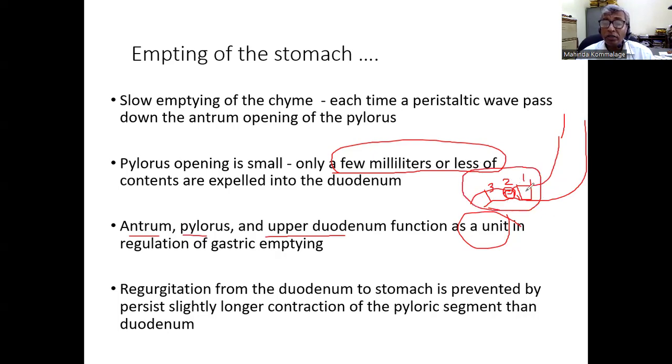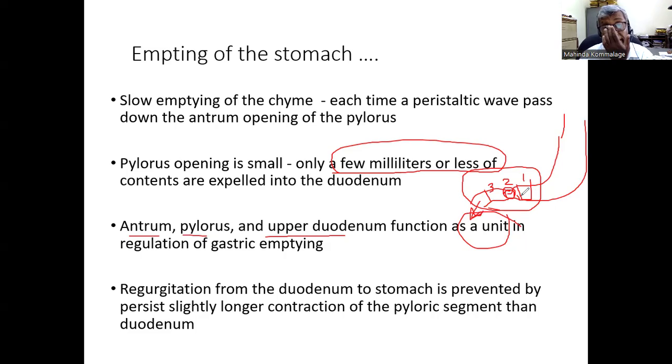So contraction in this place and this place will push the food down. It's very interesting that sometimes things can regurgitate and go up. To prevent that, the contraction of this third part, the upper part of the duodenum, will be slightly longer than the contraction of this part. So therefore, things will move really downward and will not come back.